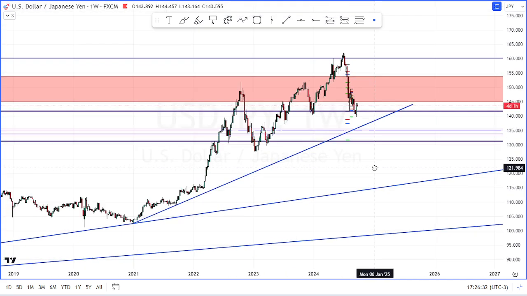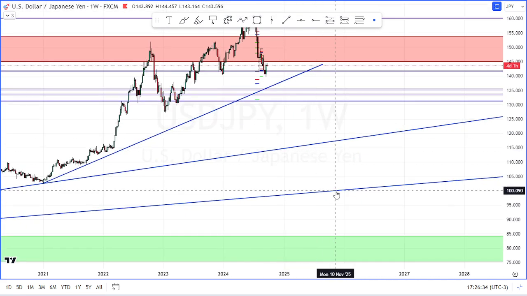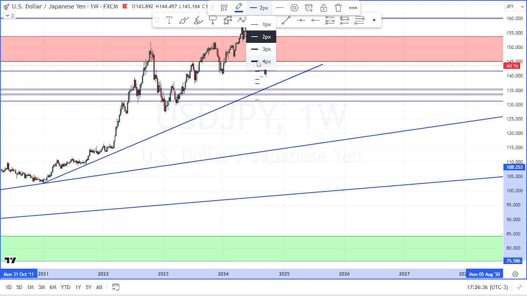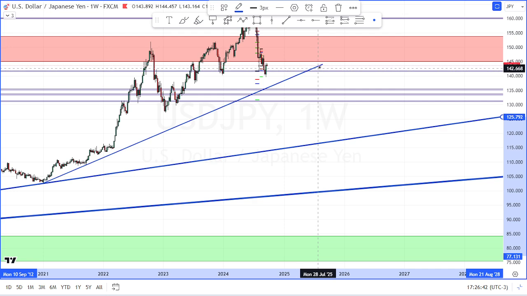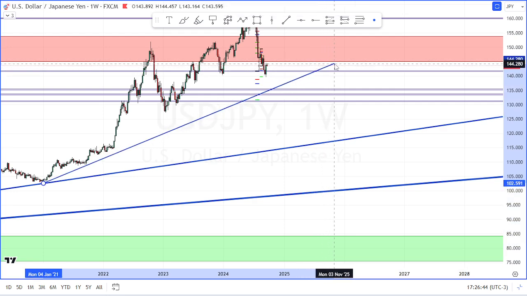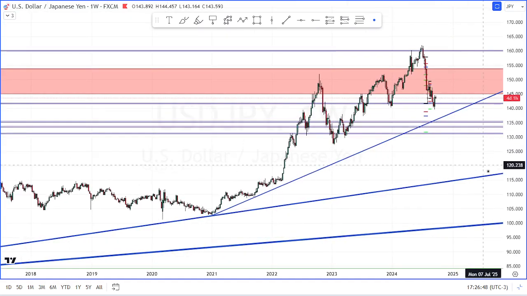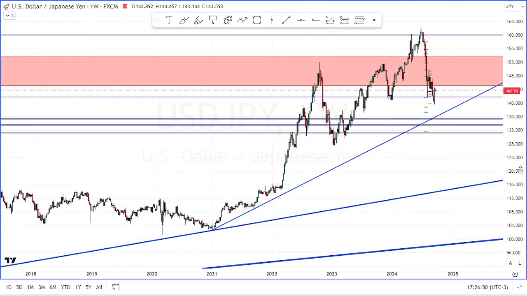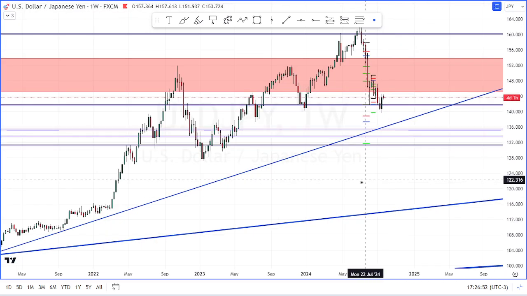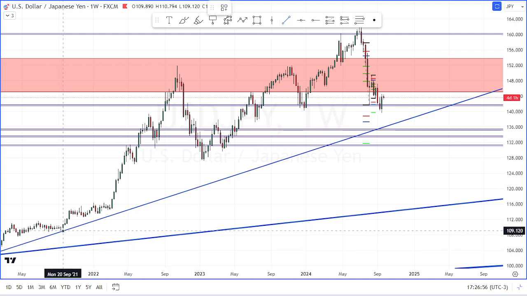So we have the long trend line here, the medium trend line here, and the short trend line here. All right, guys, let's see if we have space for the aggressive trend line from here.